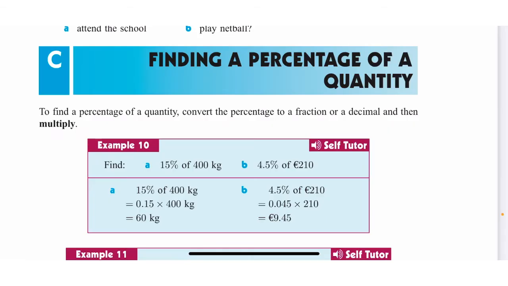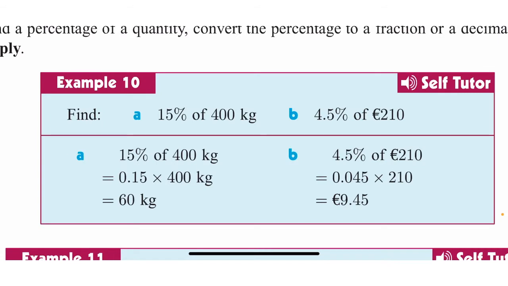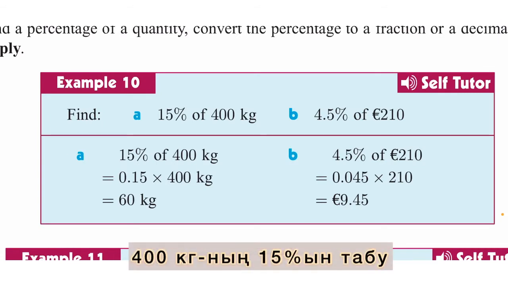To find a percentage of a quantity, we convert the percentage to a fraction or decimal and then multiply. Find 15% of 400 kilograms.